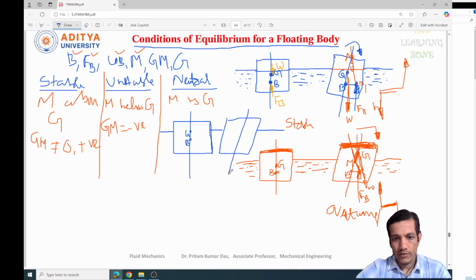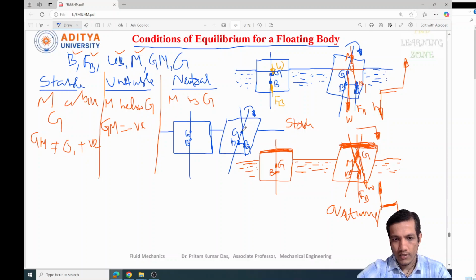Again this is going to rotate. Now this is the B point and this is the G point. Even here, the B point changes its position due to the slight rotation, and this is the B1 point, and the force of buoyancy acts straight like this.